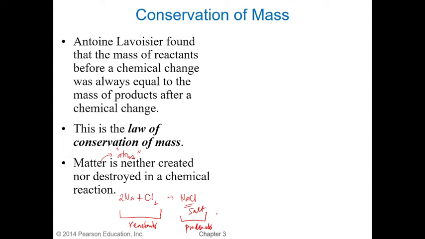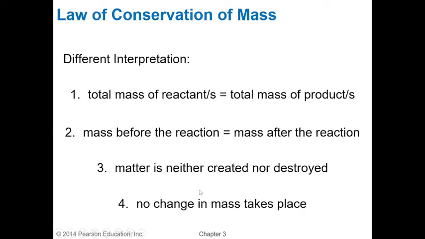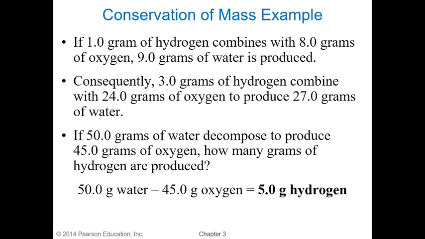Your products will be the resulting substances formed after a chemical reaction. Number two is the mass before the reaction is just the same after the reaction. So matter is neither created nor destroyed, and no change in mass takes place. Okay, so that's the different interpretation for the law of conservation of mass.